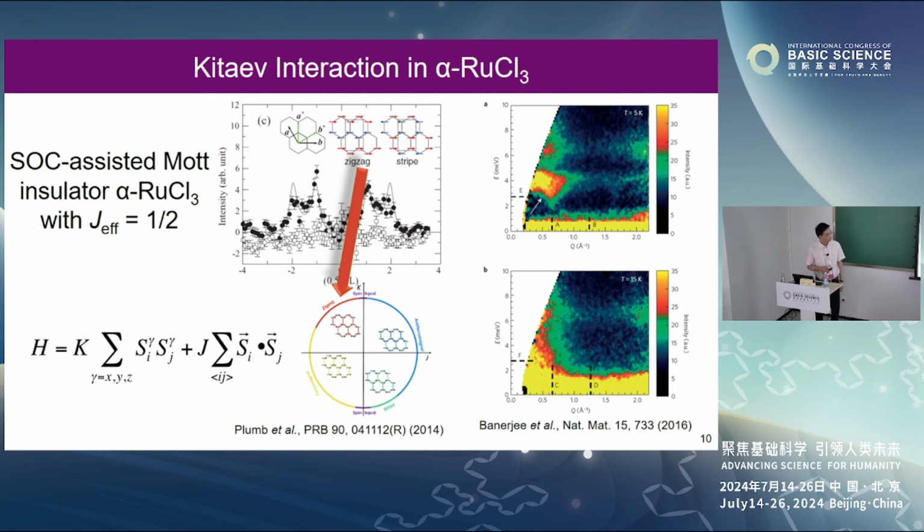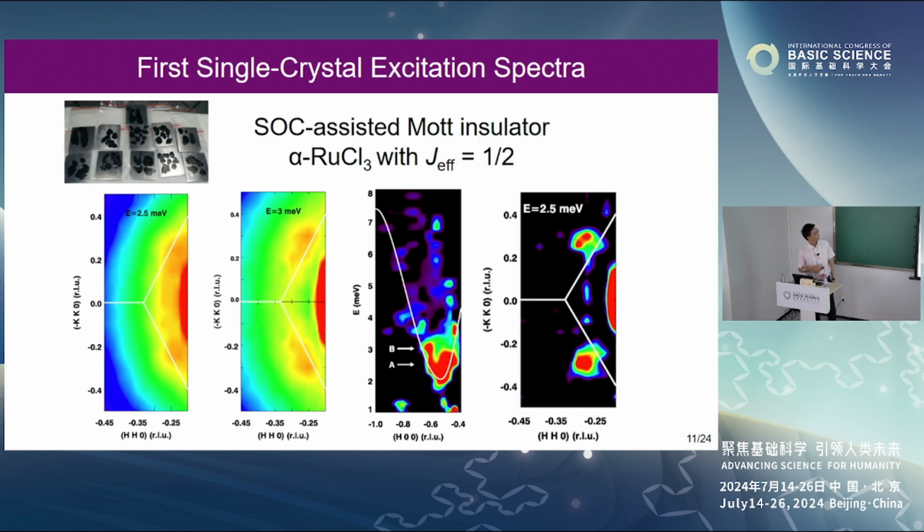So again, the best way to approach this problem is to do inelastic neutron scattering measurements on single crystals, because powder samples don't have good momentum resolution. So we managed to get a lot of alpha-ruthenium trichloride single crystals, because for neutron scattering, the scattering cross-section is very small. So you have to have a lot of single crystals.